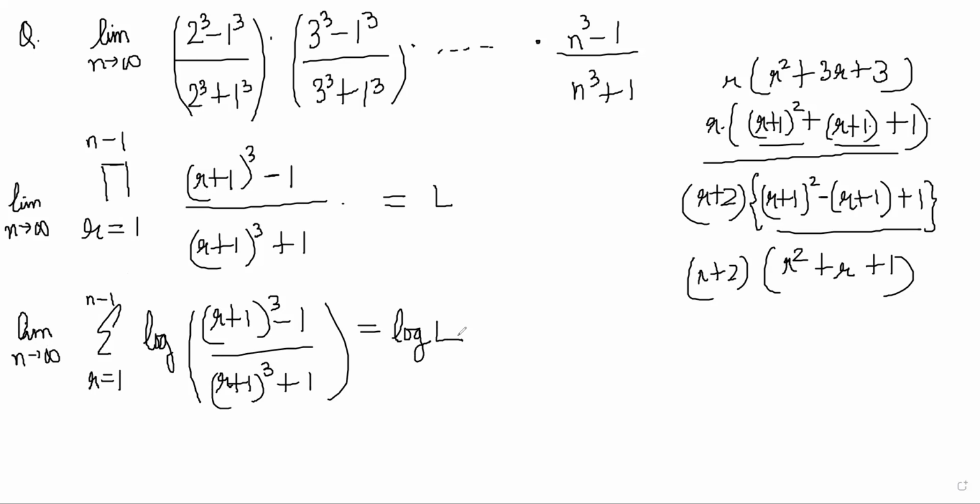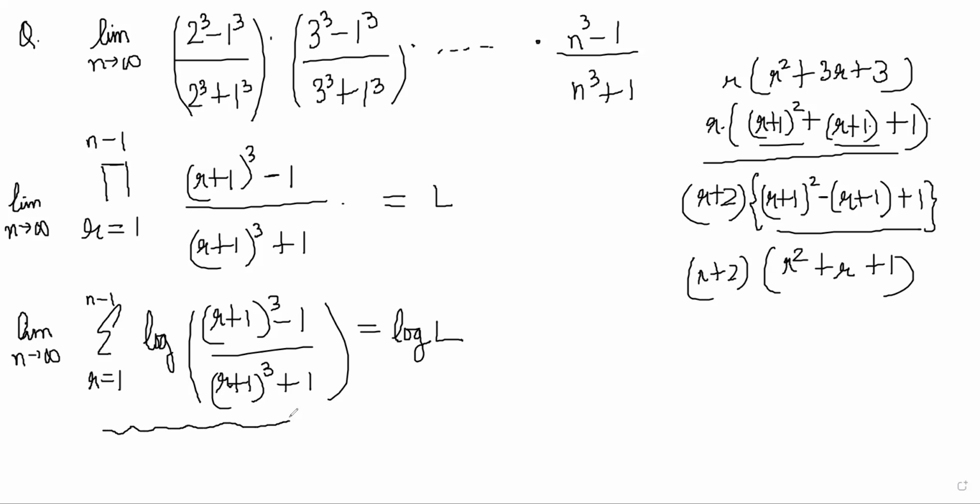Then the log I can split as log of (r plus 1) whole cube minus 1 minus log of (r plus 1) whole cube plus 1, right? This log can be split, but does it help?